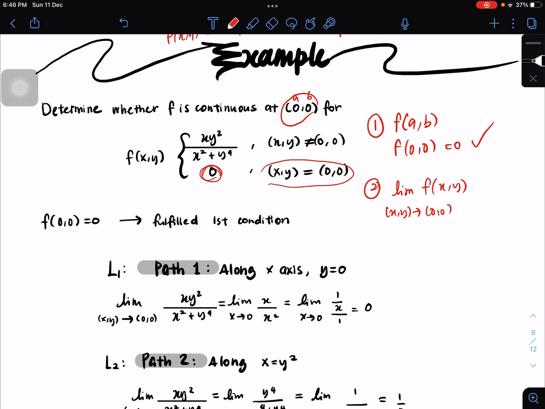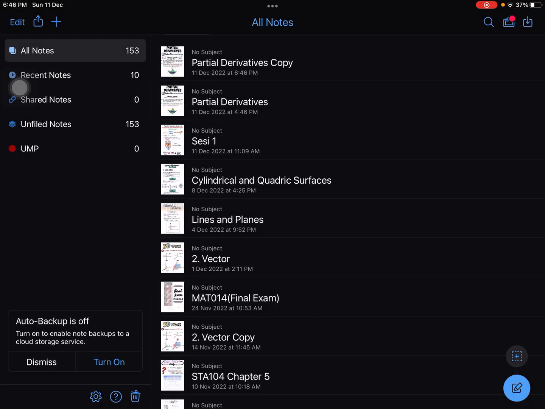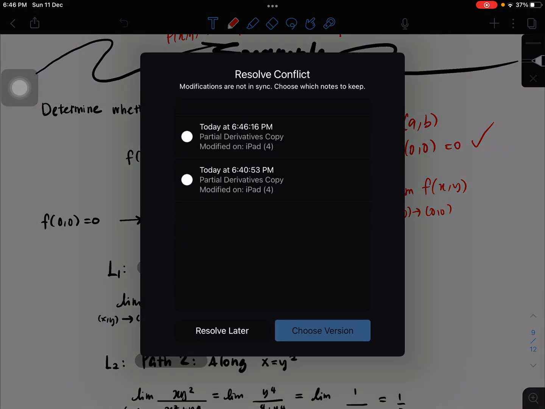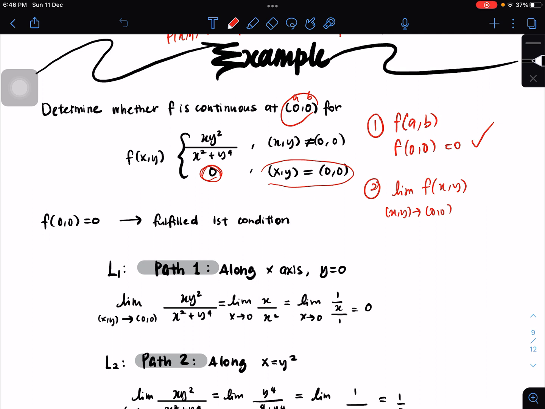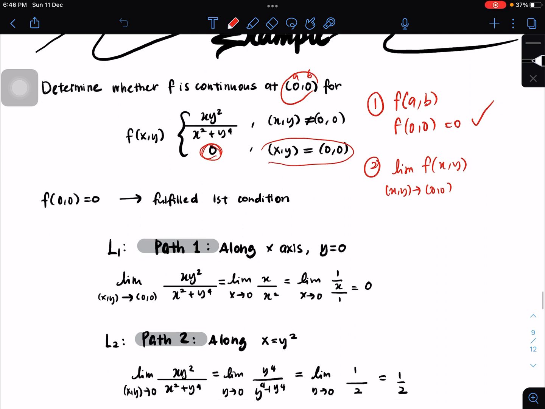So the first one, let's say we choose y equal to 0. When we choose y equal to 0, we just need to substitute inside the function the value of y equal to 0.